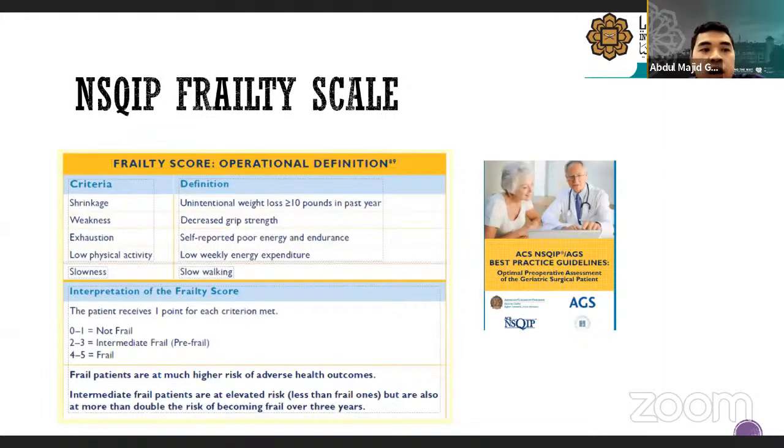So NSQIP is based on the American College of Surgeons, whereby it has 5 criteria: shrinkage, weakness, exhaustion, low physical activity, and slowness. So the interpretation of it: 0 to 1 is not frail, 2 to 3 is intermediate frail, 4 to 5 is frail.